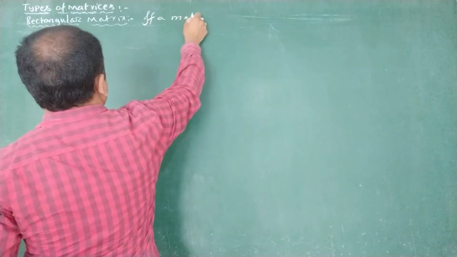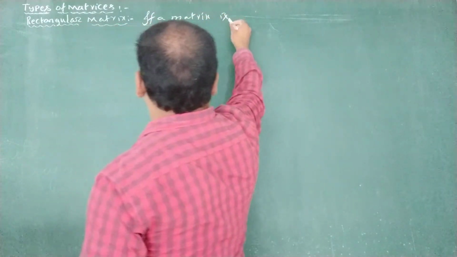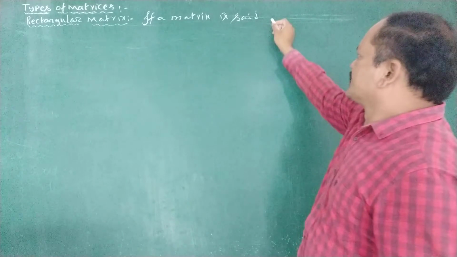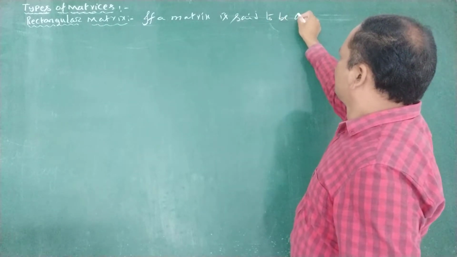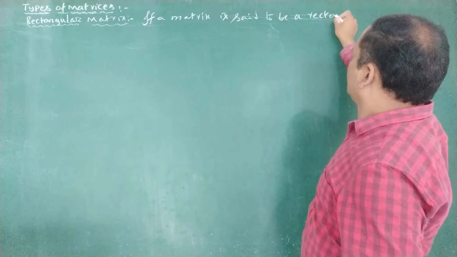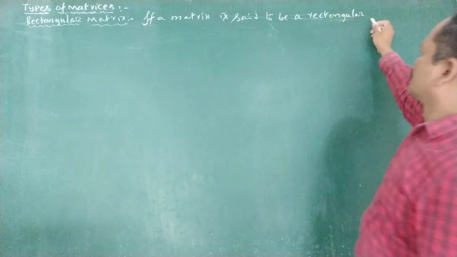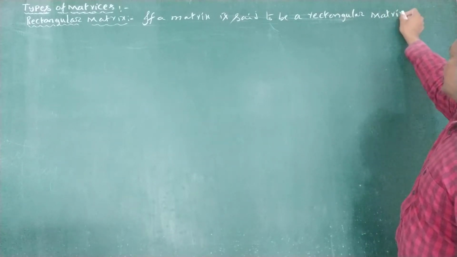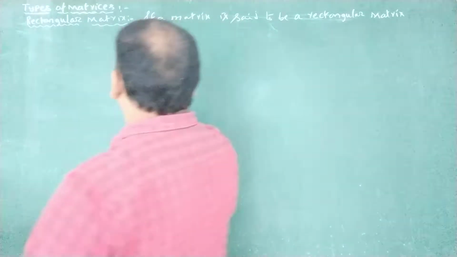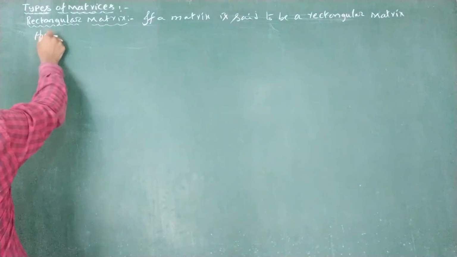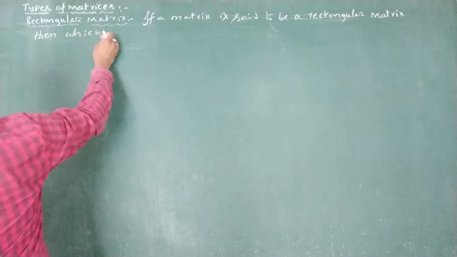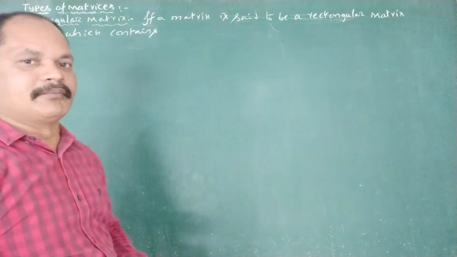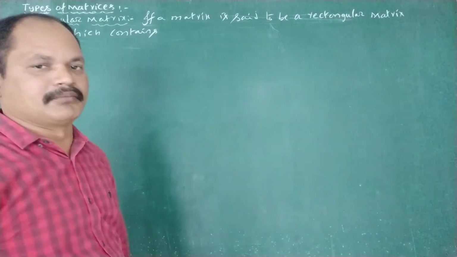If a matrix is said to be a rectangular matrix, then it contains number of rows not equal to number of columns.